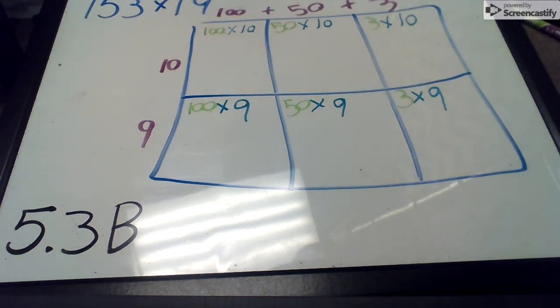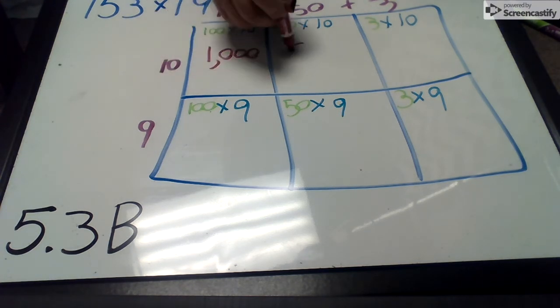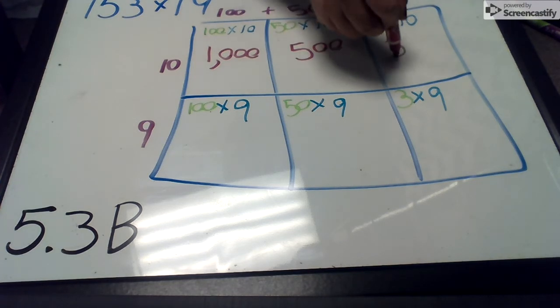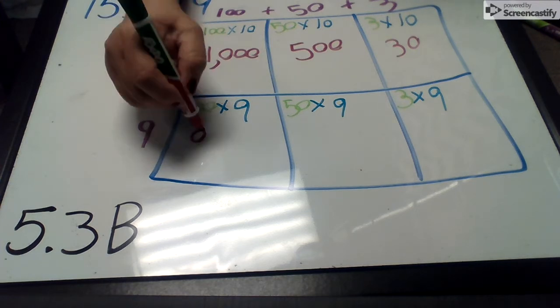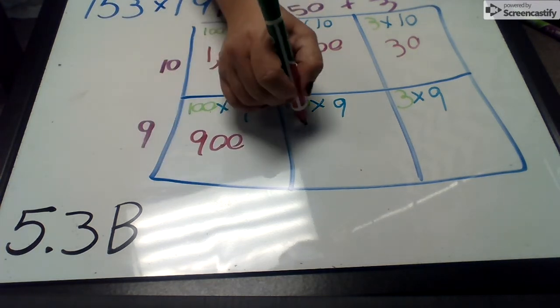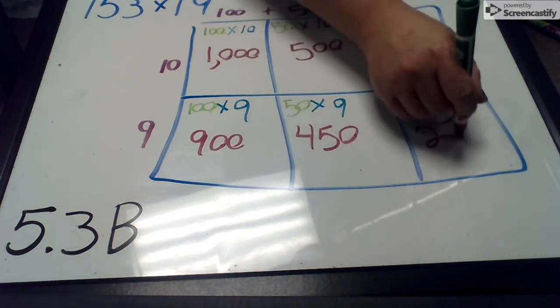Now I'm going to solve all of these problems. 100 times 10 is 1,000. 50 times 10 is 500. 3 times 10 is 30. 100 times 9 is 900. 50 times 9 is 450. 3 times 9 is 27.